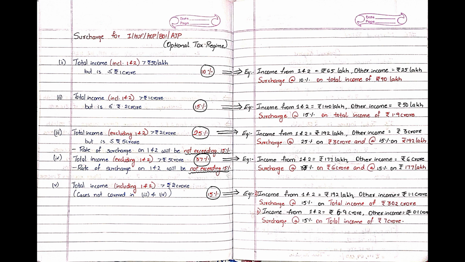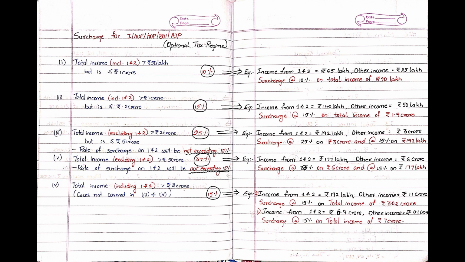Next case, the total income including 1 and 2 has exceeded rupees 2 crores, and the cases are not covered in the points mentioned above, 3 and 4. In such a case, the surcharge will be 15%. For example, the income from 1 and 2 is rupees 192 lakh and the other income is 1.1 crore.